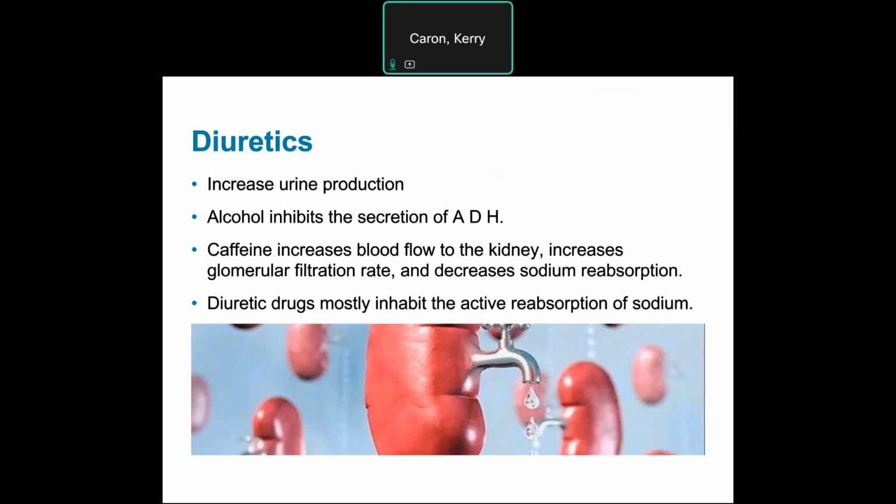Caffeine increases blood flow to the kidneys, also increasing urination, increasing glomerular filtration rate, and decreasing our sodium reabsorption. And then there are diuretic drugs that may inhibit the active reabsorption of sodium, making us urinate more.